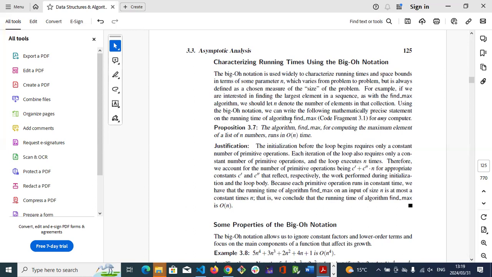Using the Big O notation, we can write the following statement on the running time of the algorithm, the one that we did before, on any computer: the algorithm findMax, computing the maximum element of a list of n numbers, runs in linear, Big O of n, time. So it's a linear function.